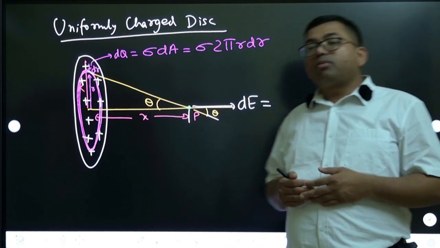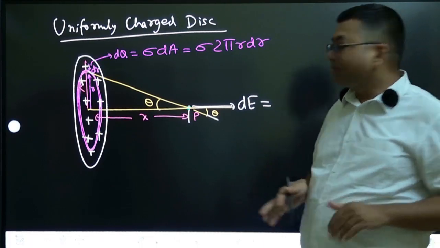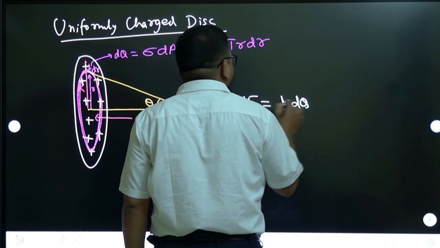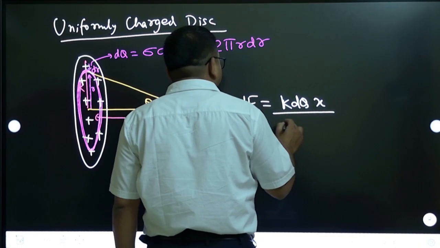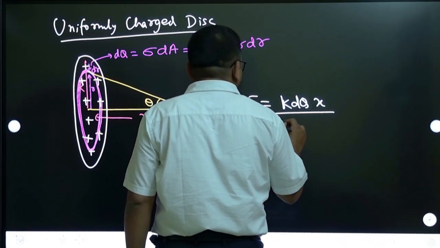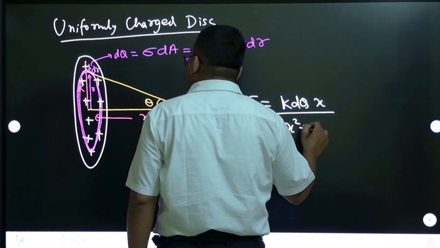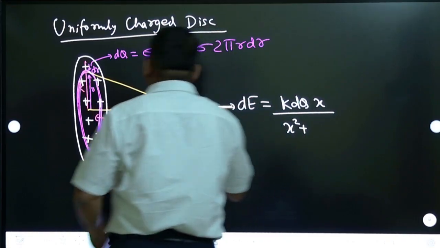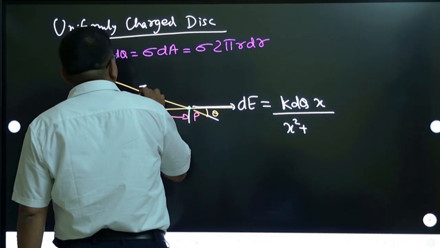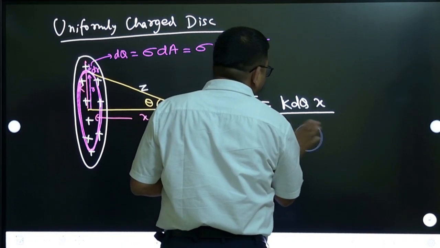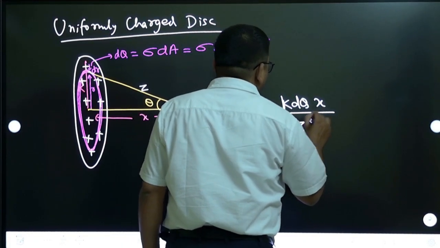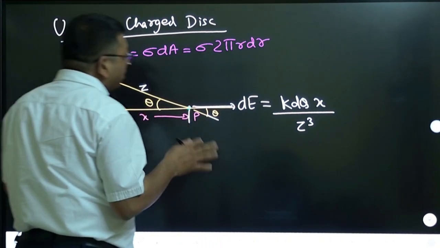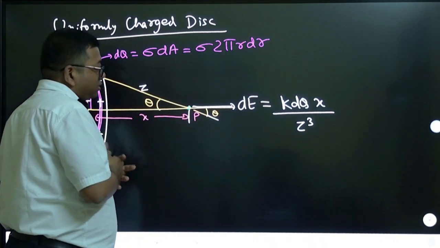So we know the formula kqx divided by x square plus r square, where this is small r square, to the power 3 by 2. Let us write that x square plus r square as z square, so that is z cube basically, because the power 3 by 2 comes from that. So dE is k dq x by z cube.